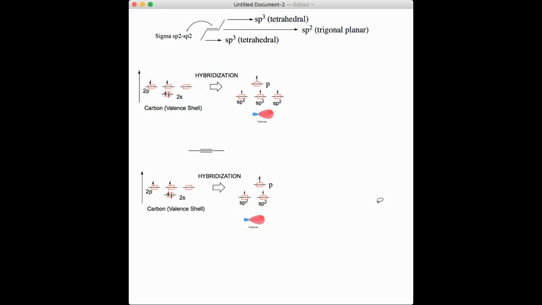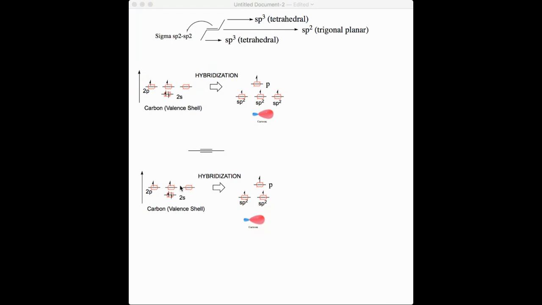Anybody want to answer? Okay, so for the triple bond, how many p orbitals should I save for the pi bonds? In this carbon, for example, how many p orbitals should I leave out? Two should be used for the pi bonding because I have two pi bonds.